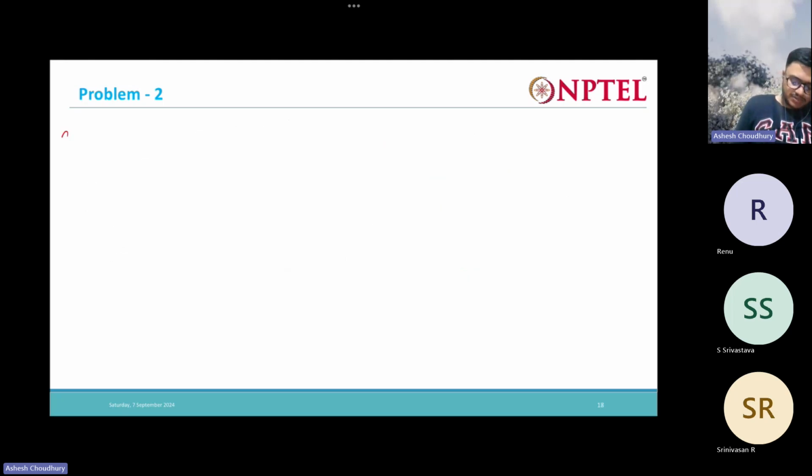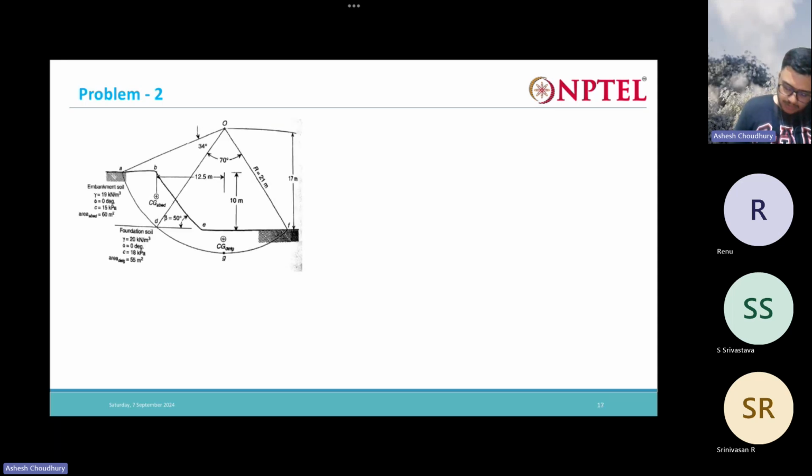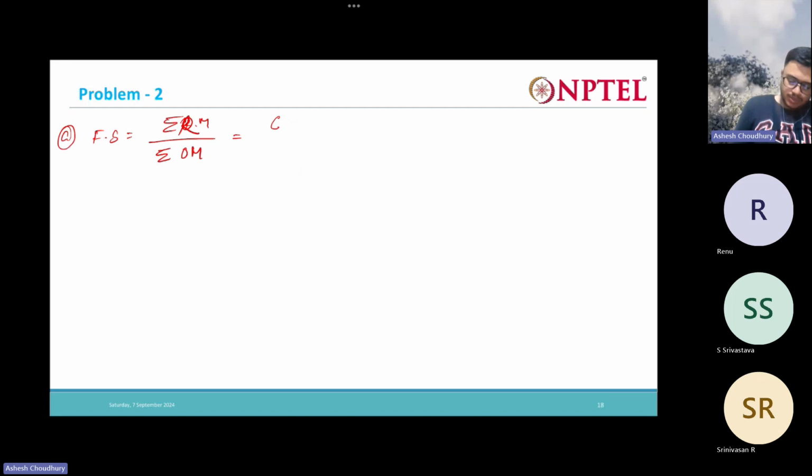Now what is the factor of safety? Initial unreinforced factor of safety is the summation of resisting moment by overturning moment, right? So what are the resisting moments? How to calculate the resisting moment? C embankment times LAD plus C foundation times LDF, times R, isn't it?